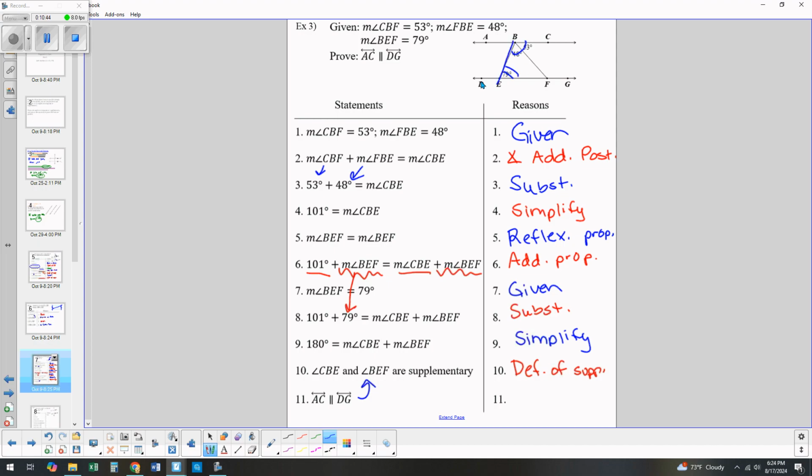So if I look at where these two angles are, they're between the lines I'm saying are parallel, and they're on the same side of the transversal. So that is the consecutive interior angle converse. Again, converse because we said that the lines are parallel.